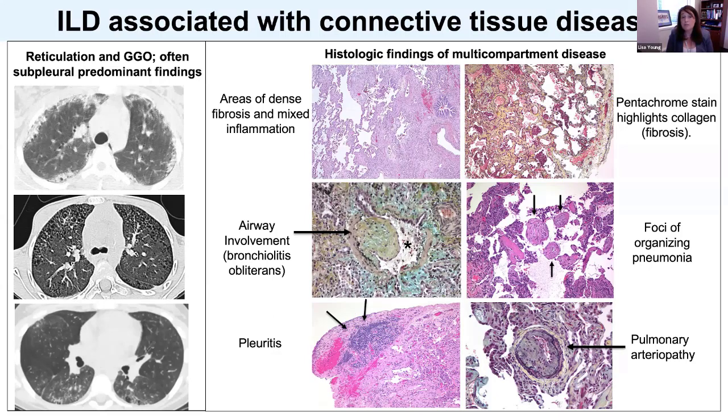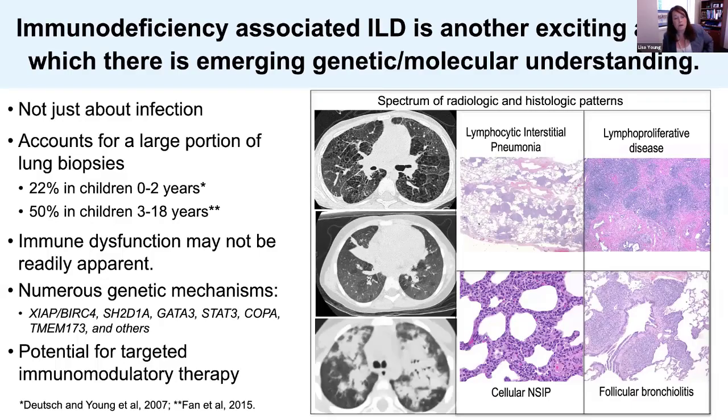Histopathology will show multi-compartment disease. So you can have airway involvement, vascular involvement, pleuritis. Again, we don't do lung biopsies for most patients if they have a known connective tissue disorder, unless their lung disease is out of proportion or not responding to their immunomodulatory therapy. But there's a large list of patients with rheumatologic disease who have ILD, that we follow.